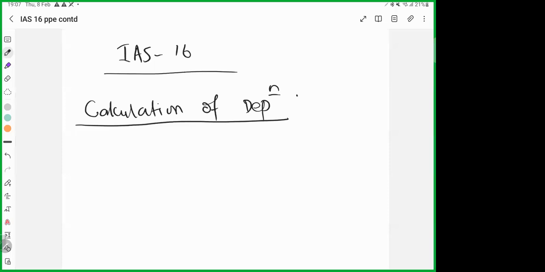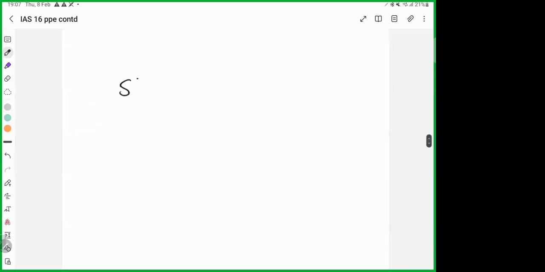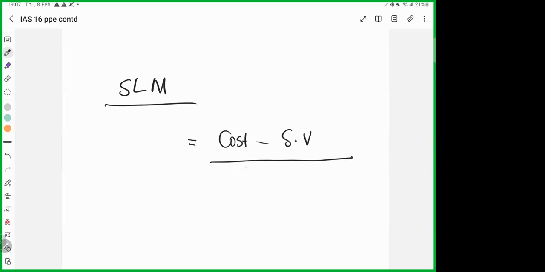Yes. Then we talked about the straight line method. The equation is cost minus scrap value or salvage value, divided by useful economic lifetime.